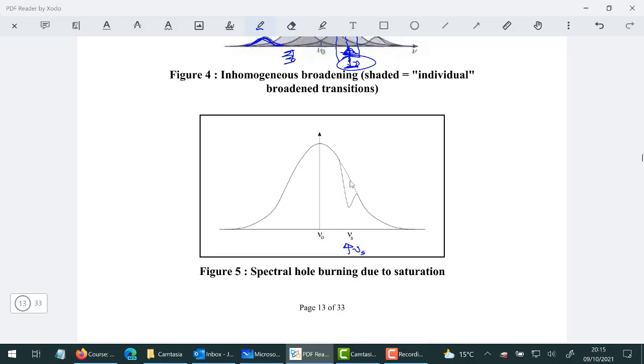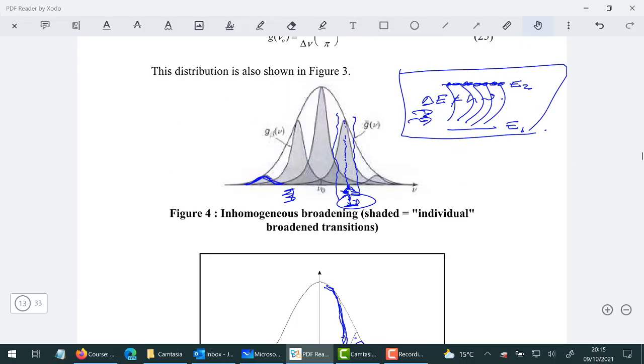And it's only atoms that can interact with that signal, or around about that signal, that will start to saturate. And what will happen is that as we apply more and more, then it will come lower, and then even more light and lower, until eventually you get full saturation and it goes through zero, and we don't see any absorption or stimulated emission. Okay.